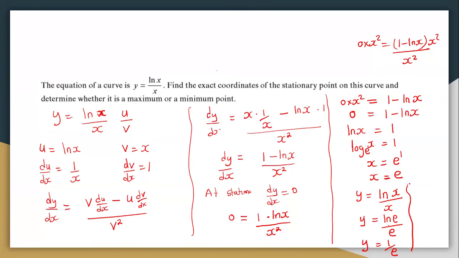Now you get for us either a boy or a girl to tell us how we get the nature of these points. So members, our coordinate will be (e, 1 over e). Now class, what you do at this point: e is a value and can give you a decimal value.